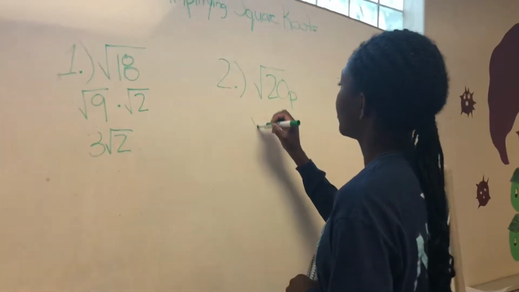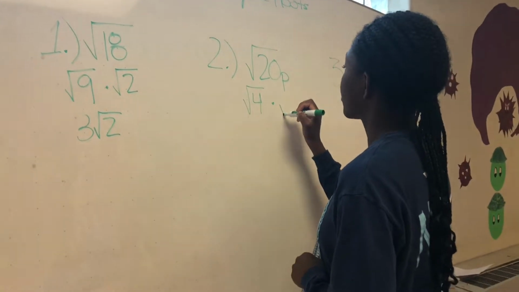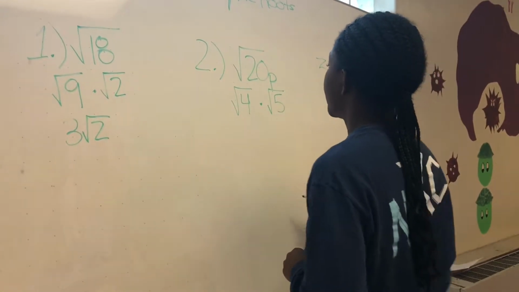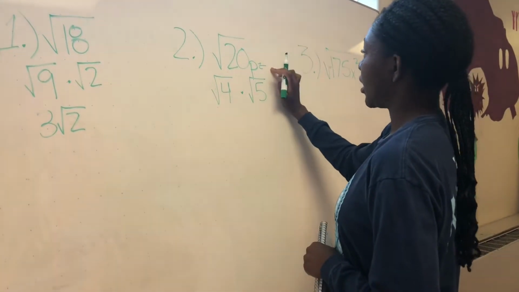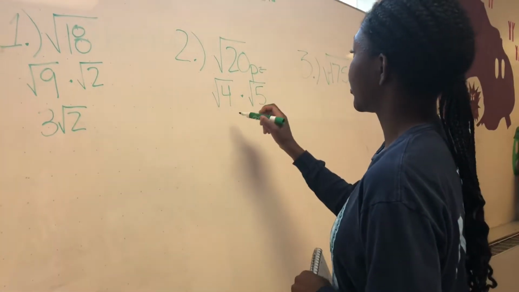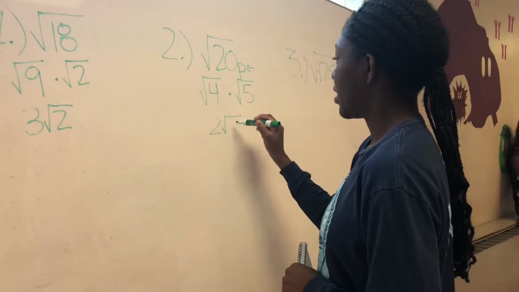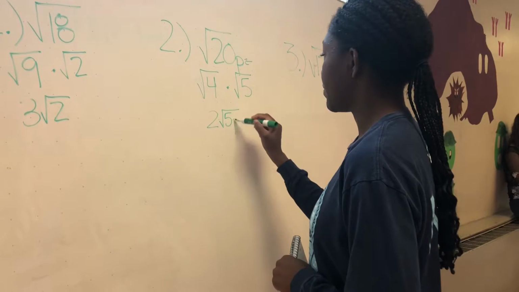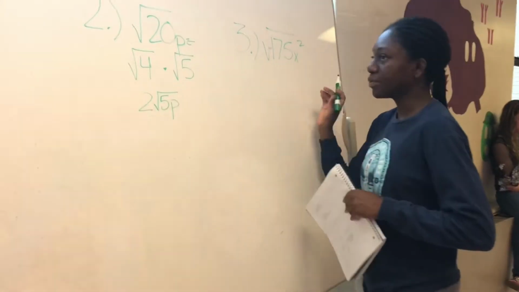So square root of 4, square root of 5 gives me 20. This variable is going to stay inside the house, and this is going to simplify to 2, and we're going to get 2 root 5p.